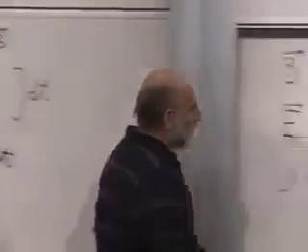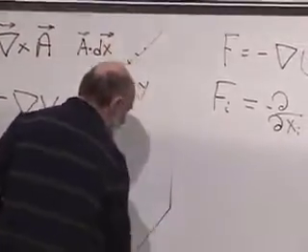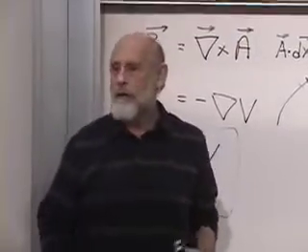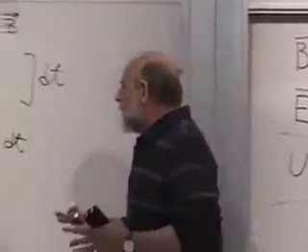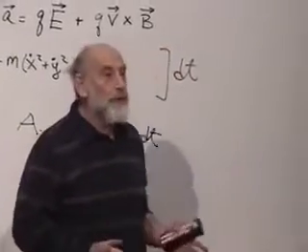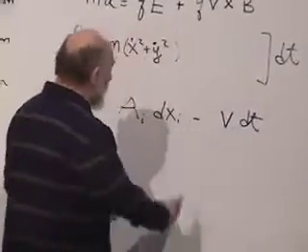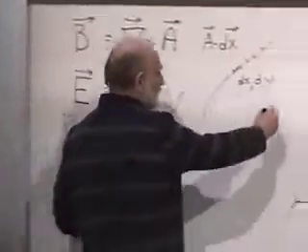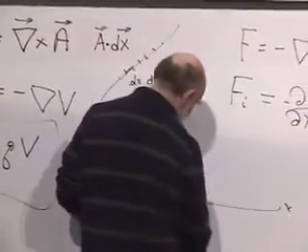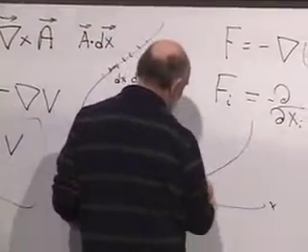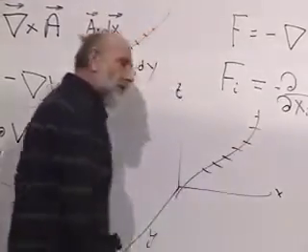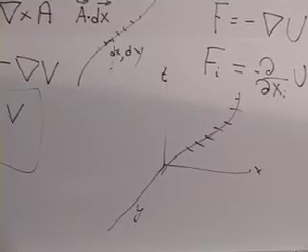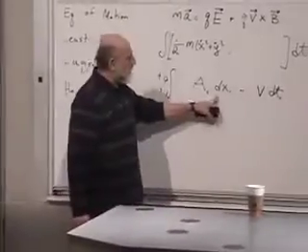It's as if we plotted the motion in space-time. Now, we're not talking about relativity for the moment, but you can see that what's being set up here is going to be particularly simple when we think about the special theory of relativity, where x and t form space-time. But let's put in t here, x and y, and imagine a trajectory. We now break up the trajectory into little bits, and now what we have from the electromagnetic field is a term a sub I dx sub I minus v dt.